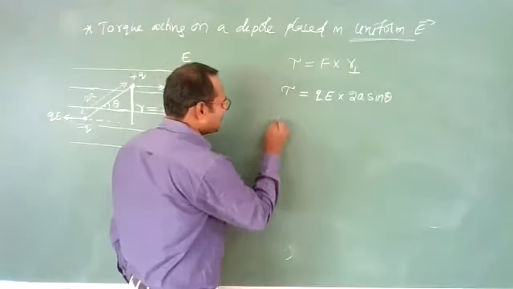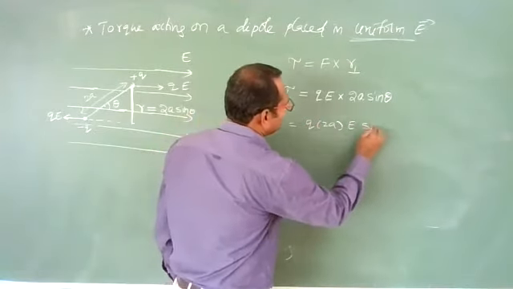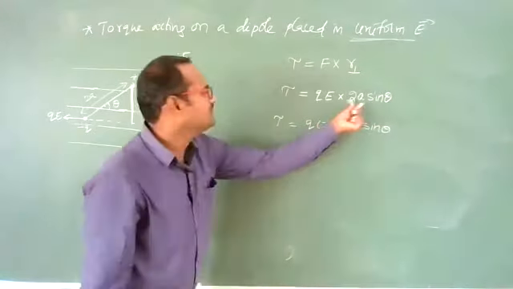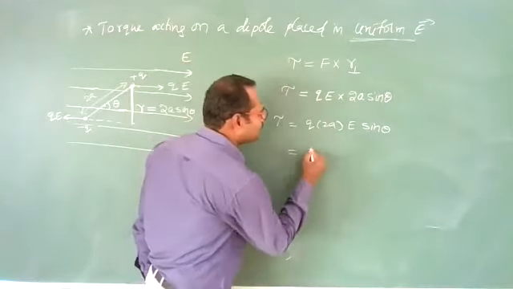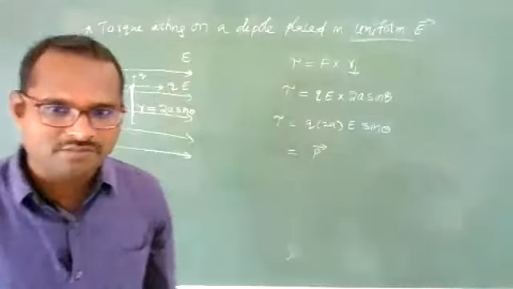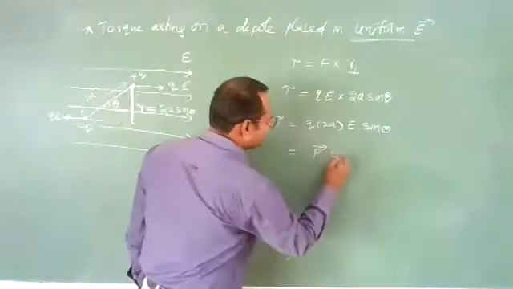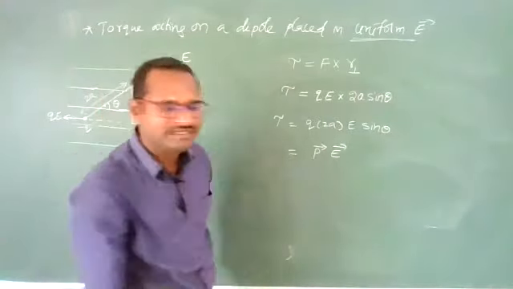Clear, students? Tau can be written as Q into 2a into E into sin theta. As we know, Q into 2a is nothing but the electric dipole moment, and electric field is E, which is also a vector quantity, into sin theta.